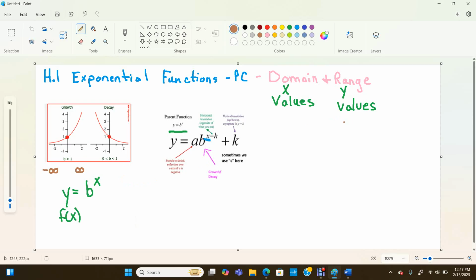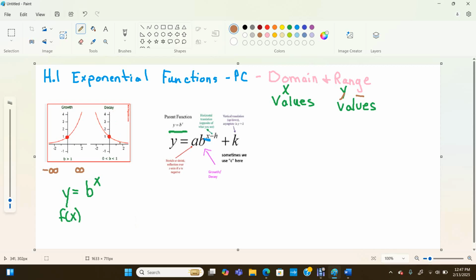The range, which are the y values, and if you get them mixed up, you can think the g in range kind of dips down, as well as the y sort of dips down like that also, if you forget. Now the y values are going to be wherever this graph is and above.